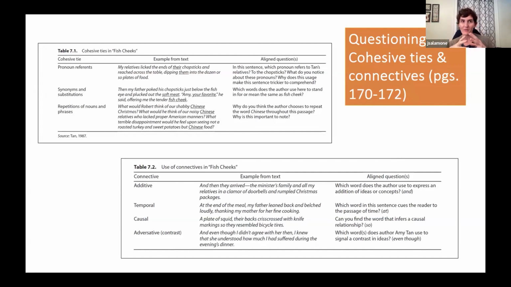Oftentimes, kids will come and they'll have good sentence eyes and ears, and they've been able to do it intuitively. But the power of teaching them these contrasting connectives, like even though, which signal contrast in the sentence, is such a powerful tool, and it has such a great translation to their writing.